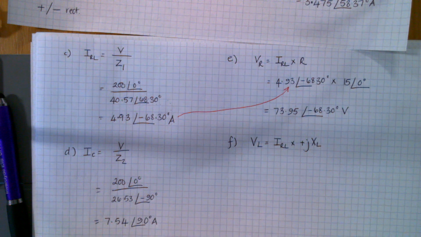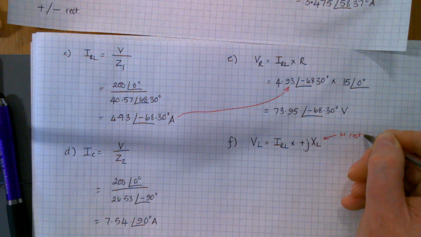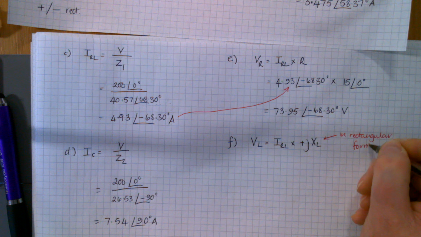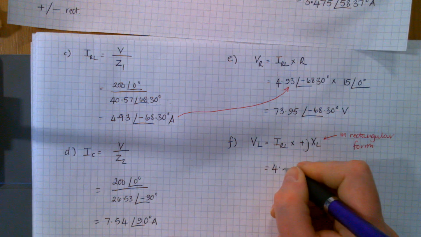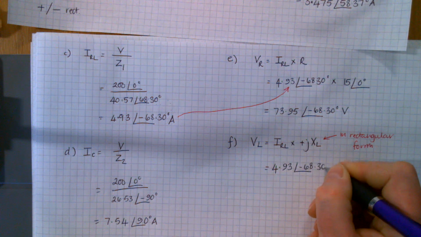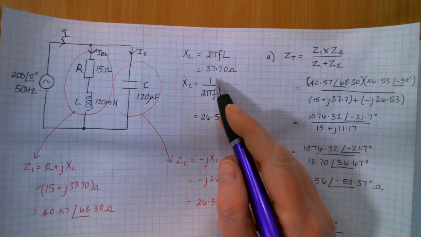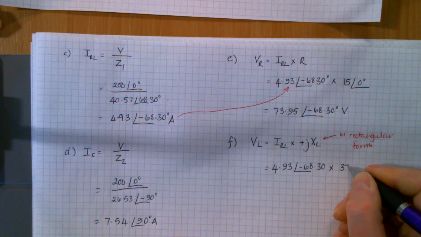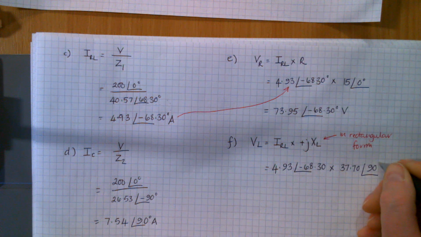But because you're going to multiply it, you don't want it in rectangular form, you're going to have that in polar form. So it's the same current, the 4.93 at an angle of minus 68.3. But your XL, which was 37.70, and if you go back to look at your rules, for an XL, the angle would be 90 degrees.